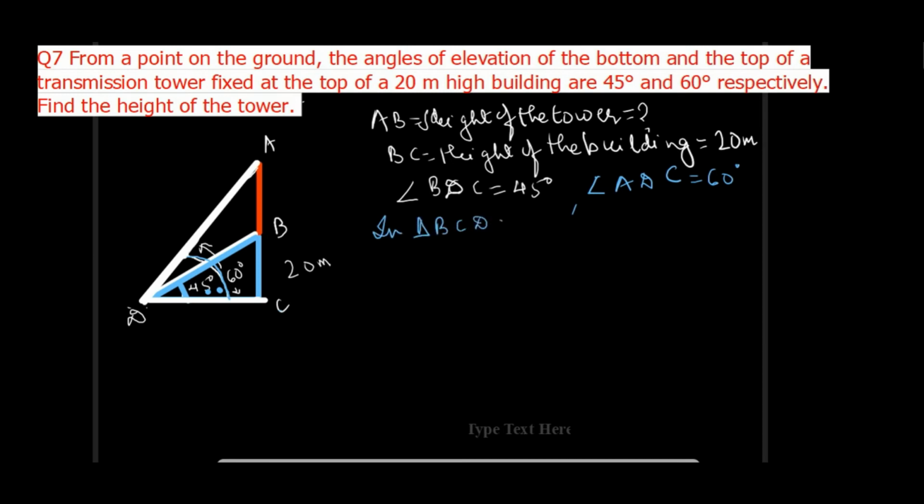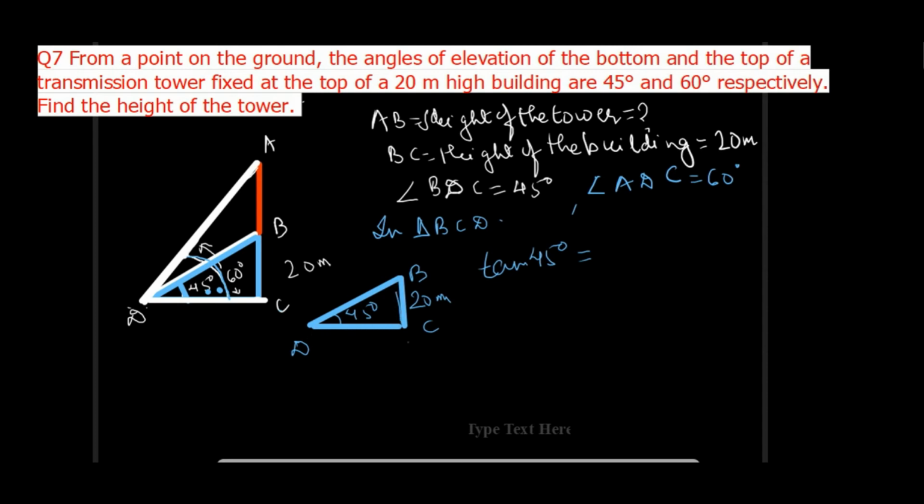BCD, let me draw this triangle again for you. So this angle is 45 degree, this is BCD, and this is given to be 20 meter. Okay, so we'll make use of tan of 45 degree. Why I'm making use of tan of 45 degree? Because I need to establish a relation between CD and BC.